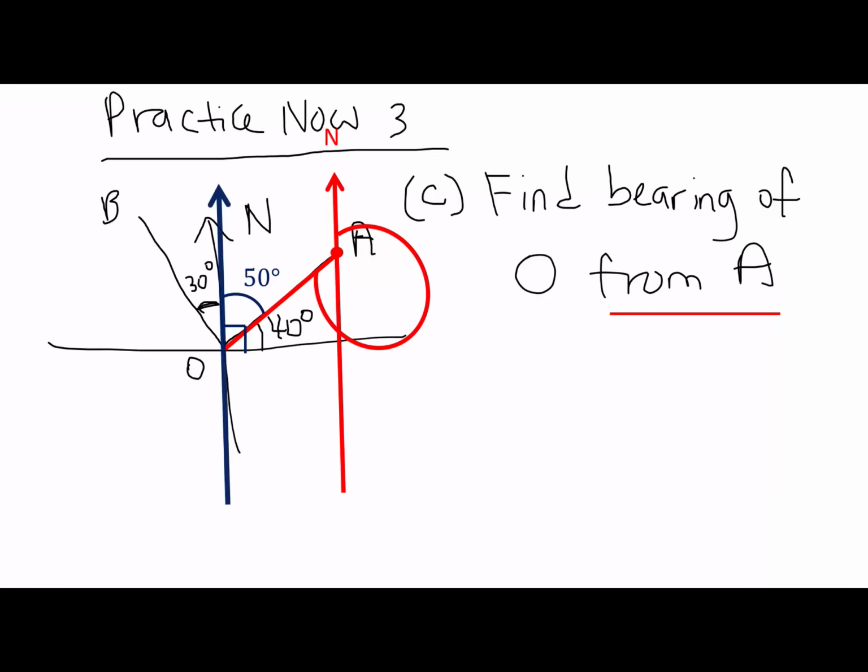Recall, two north lines are parallel lines. So if that is 50 degrees, this must be, recall, what are the special angles from parallel lines? This must be 130 degrees because they are interior angles. So can I now find my bearing? Yes, 360 minus 130. Now if I'm too fast, please pause the video and understand the steps again.